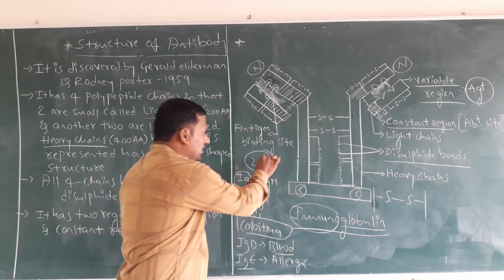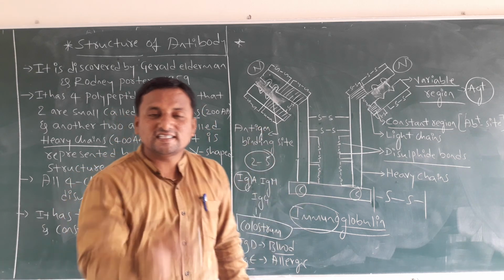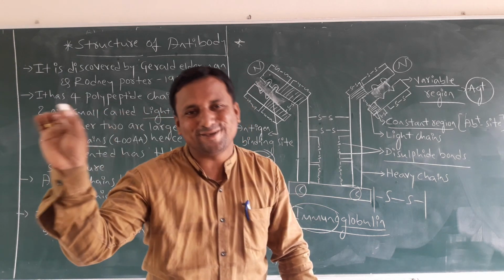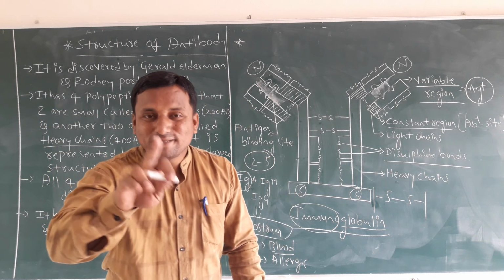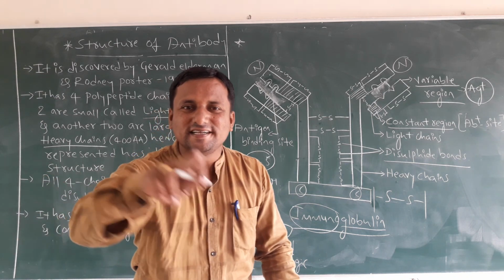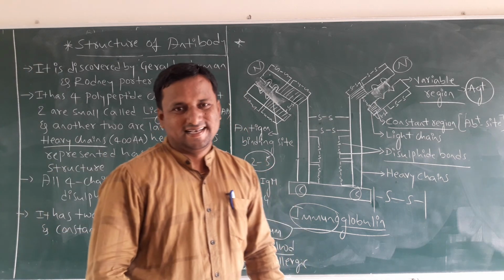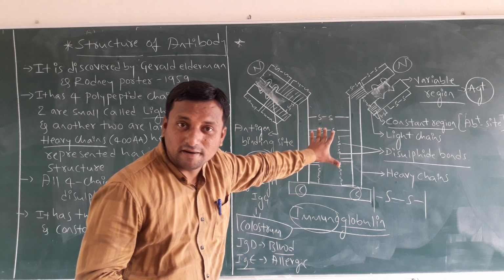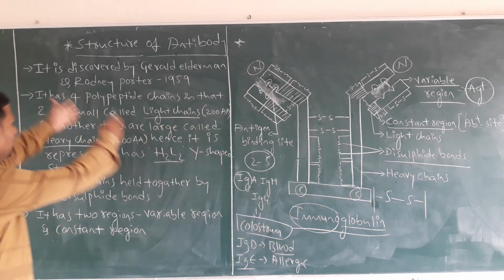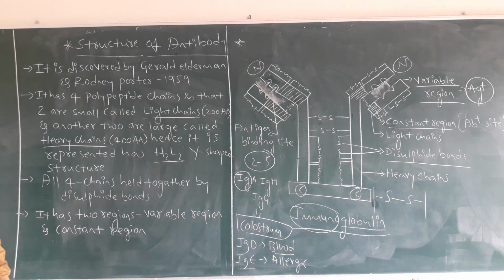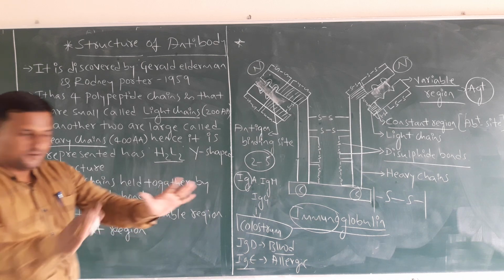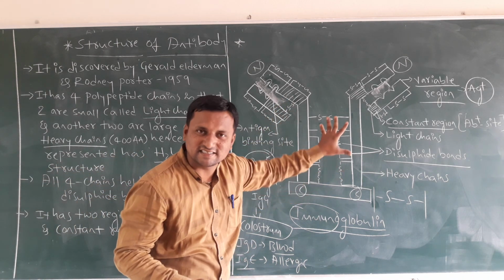If they ask a 5 marks question: describe the structure of antibody molecules with a neat labelled diagram. Then you draw the diagram, label the parts and come to the explanation. In the explanation, we just summarize the structural view.